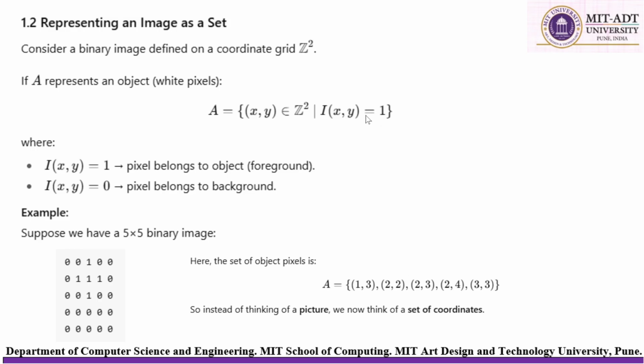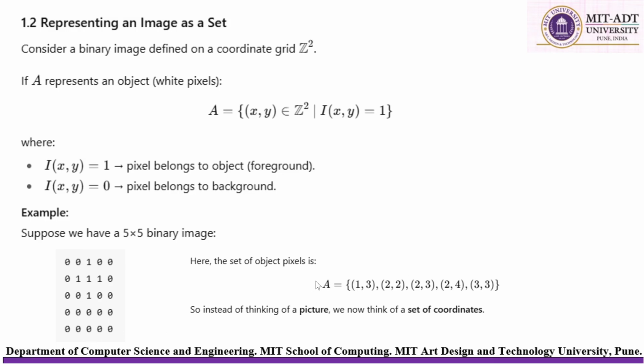If an (x, y) pair has value 1, then I will write its pair. Look at my cursor point: this pixel has value 1, this pixel has value 1, this is 1, this is 1, and this is 1.